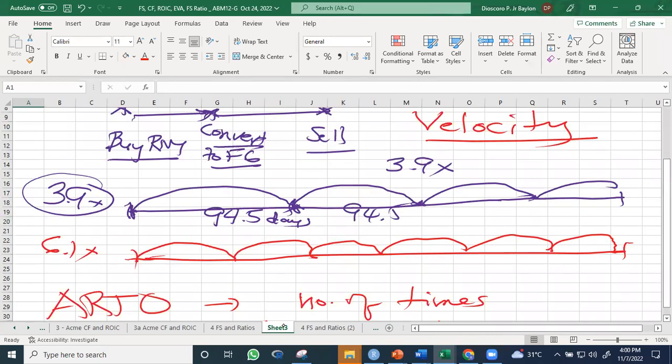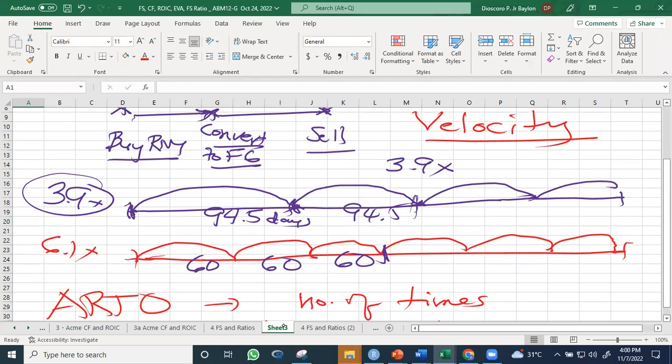Sabihin natin 60. So if you take a look at this, tatlong 60, mga 180 na yan, no? 94, 94, mga practically 180 din. So nakakatatlong gawa na siya, nakakatatlong benta na.